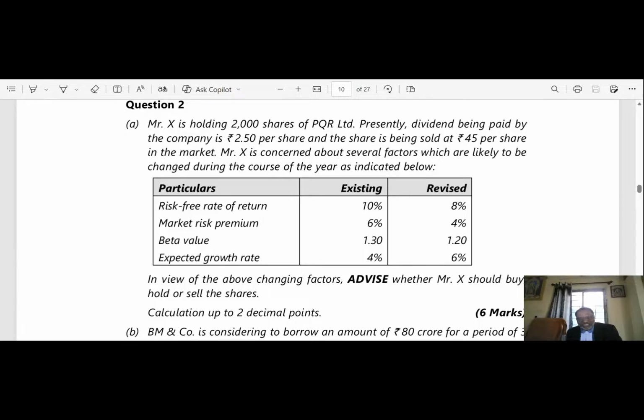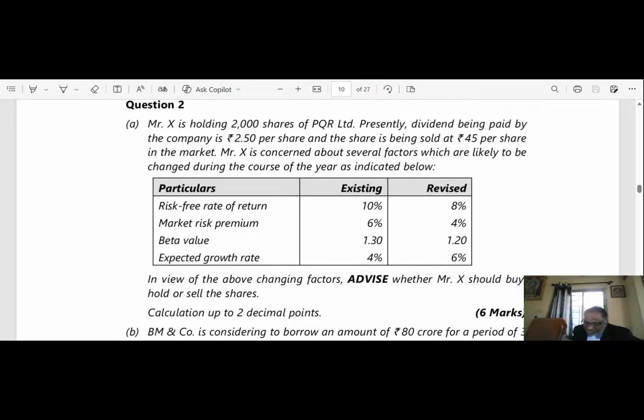RM is 6%, RF is 10%, like I computed. So a blunder mistake. Remember this mistake. If you make this kind of mistake, they will put a big zero mark. RM minus RF is called market risk premium.